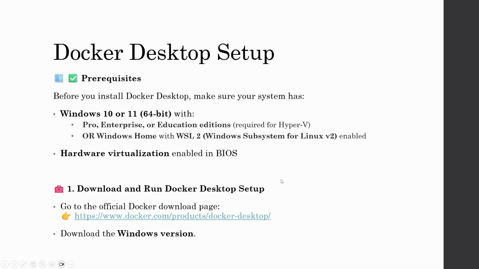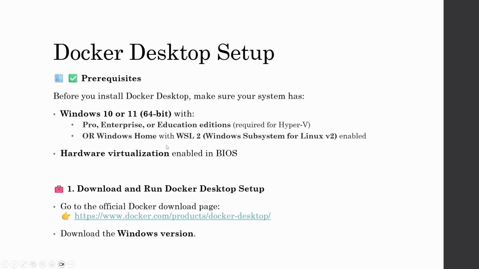Okay, so now to begin with, we need to install Docker Desktop. So if you are using Windows 10, then you can simply go to the Docker website. So this is the link, and you can click on download and get the setup.